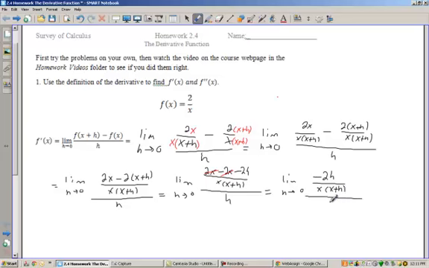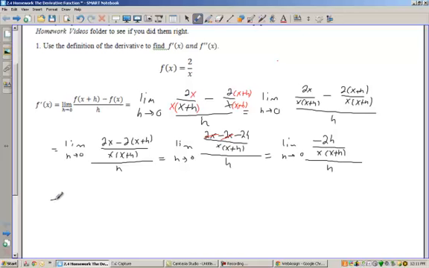And this is all divided by h, which is equal to, now when I divide by a fraction, like h over 1, dividing by h is like dividing by h over 1, I multiply by the reciprocal. So I get the limit as h goes to 0 of minus 2h, all divided by x times x plus h, and then times the reciprocal of h over 1, which is 1 over h.